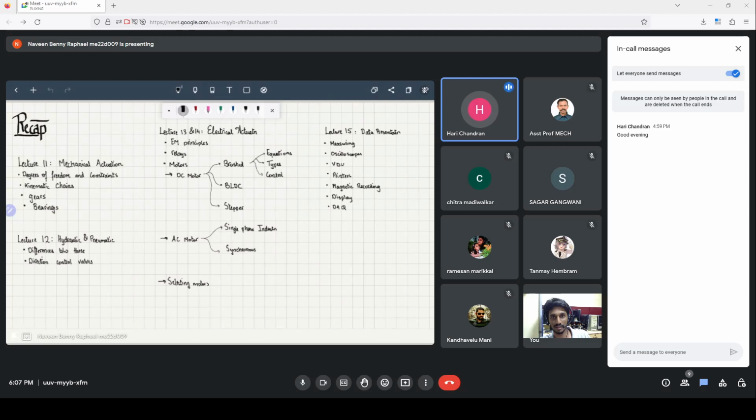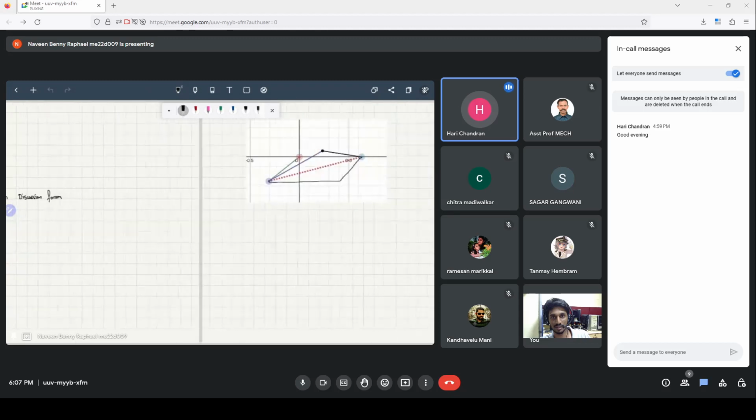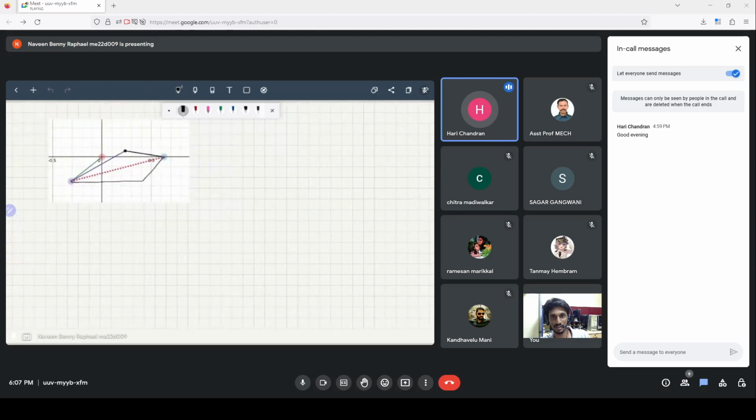So, some questions which are there in Bolton. One question is: say a stepper motor has a step angle of 7.5 degrees.